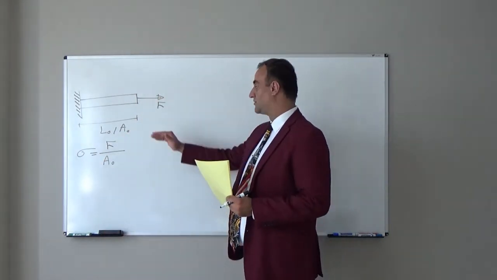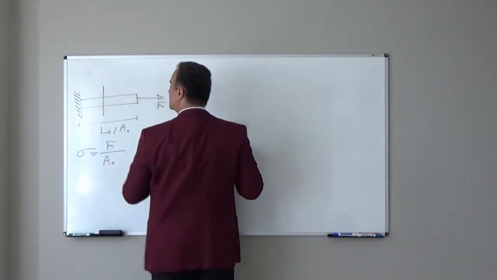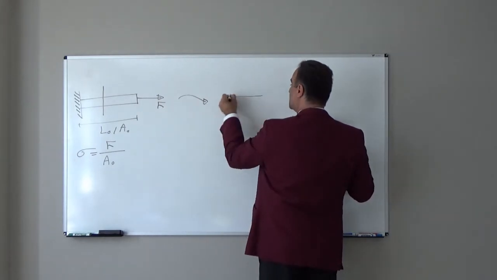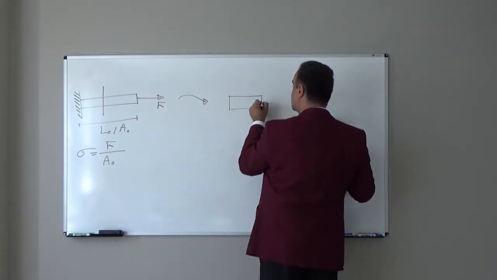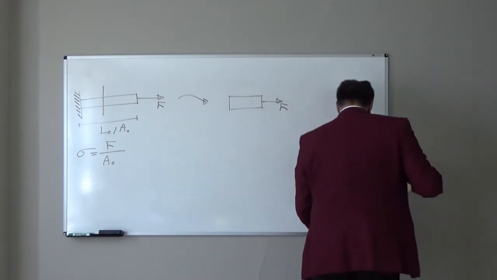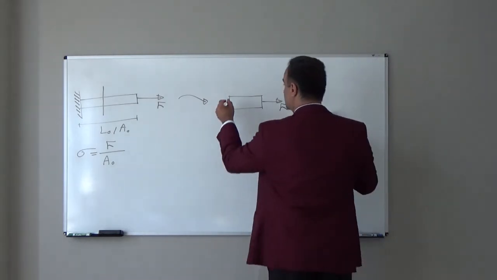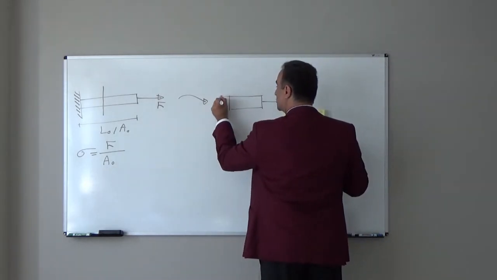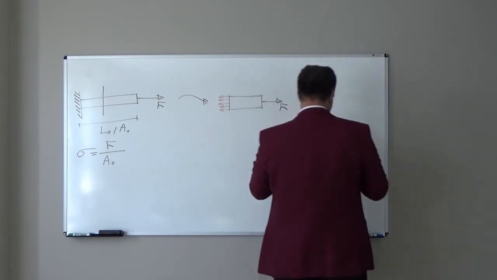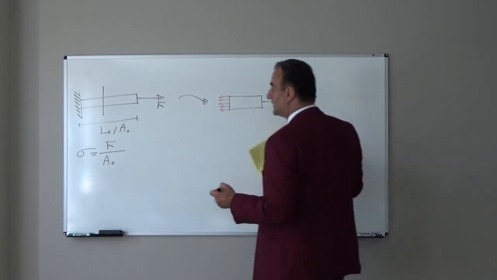Normal force means we should cut perpendicular to the bar, and draw the free body diagram. Here we will have external force F and the component of the normal stress, perpendicular to this surface. We show it with lowercase sigma, we call it normal stress.